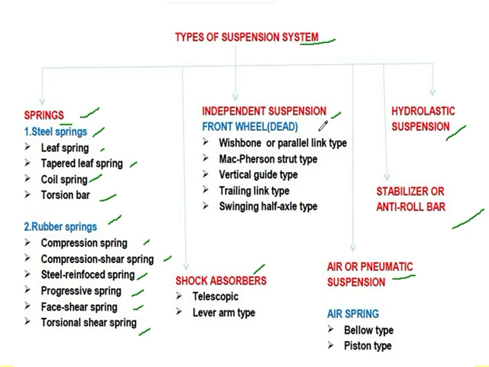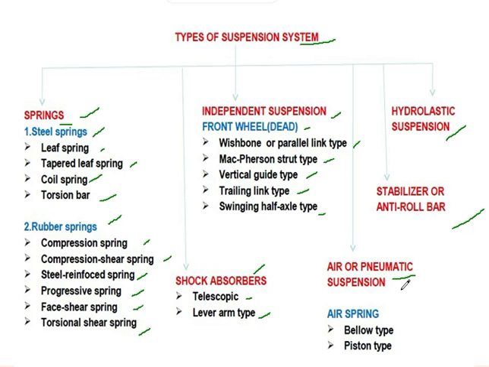Independent suspension is further classified as front wheel and rear wheel, which is further classified as wishbone or parallel link type, McPherson strut type, vertical guide type, trailing link type and swinging half axle type. Shock absorbers are further classified as telescopic type shock absorbers and lever arm type shock absorbers.